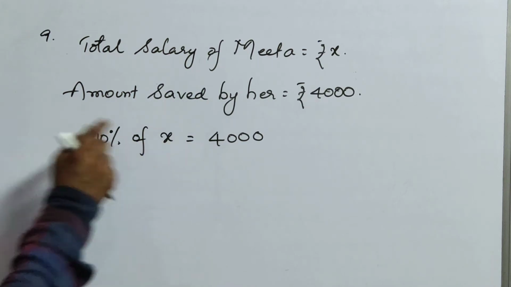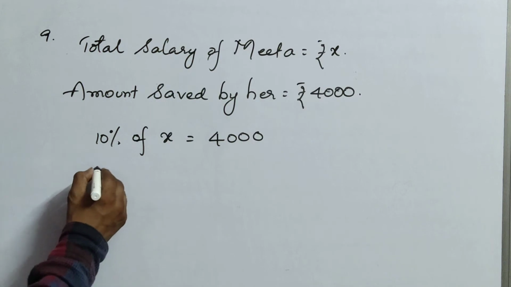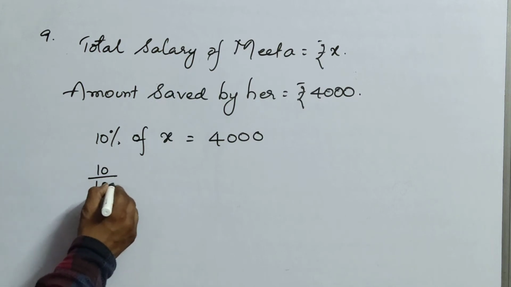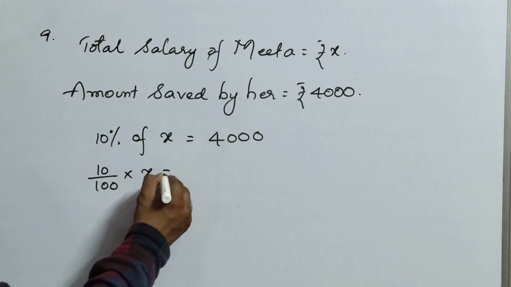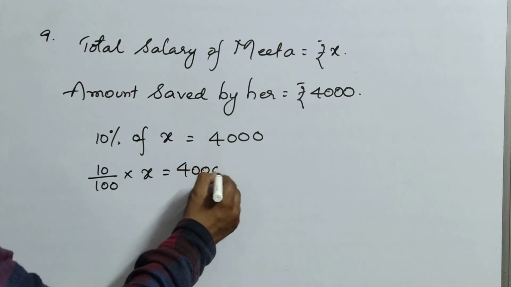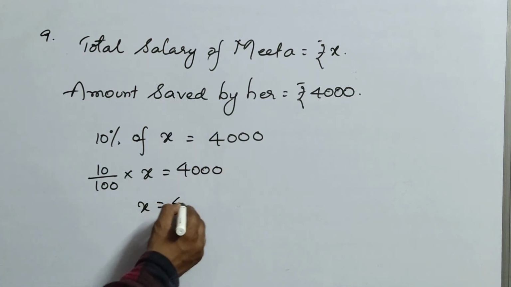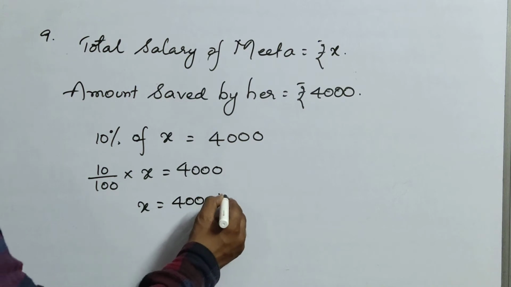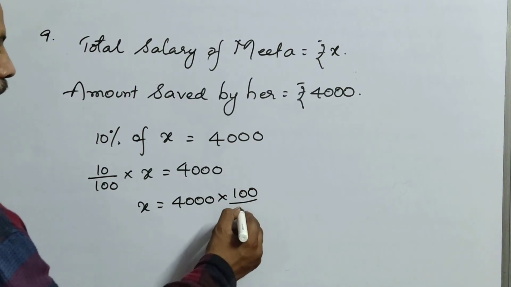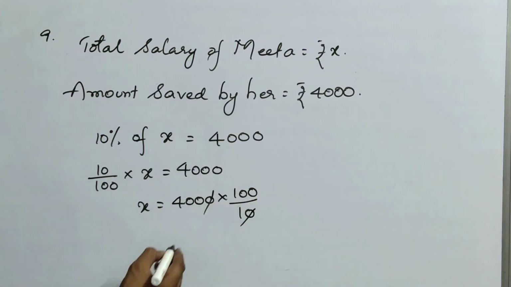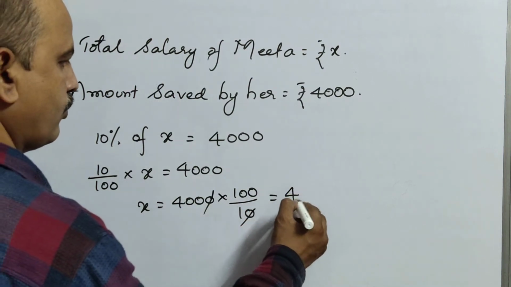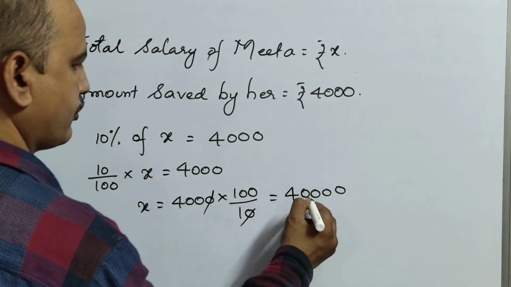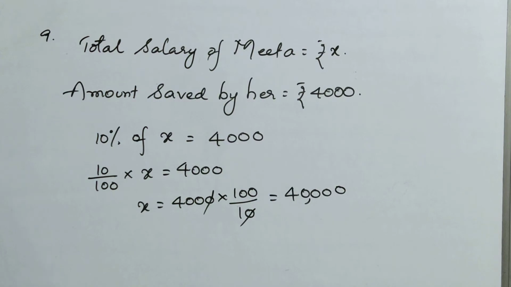Now we will get the total salary. So 10 by 100 into X equals 4,000. So X equals 4,000 into 100 by 10. The zeros get cancelled, so X is 40,000. That means her salary is 40,000.